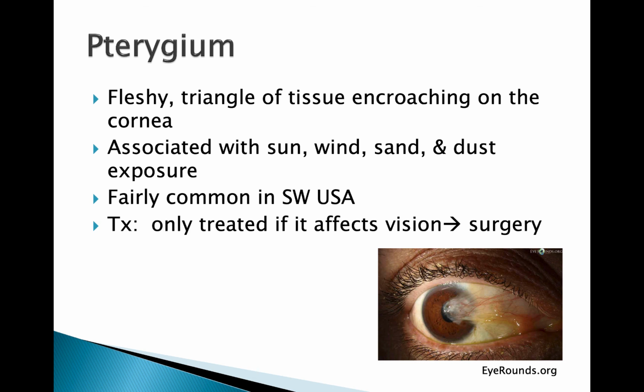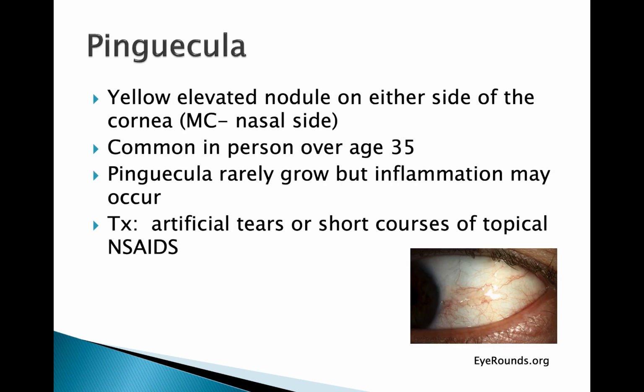But in general, the best thing to do is try and prevent exposures to wind, sun, sand, and dust. And you do that by having these people wear sunglasses. So you'll see a lot of farmers with this, a lot of migrant farm workers with this because they're out in the sun all day and having exposures.